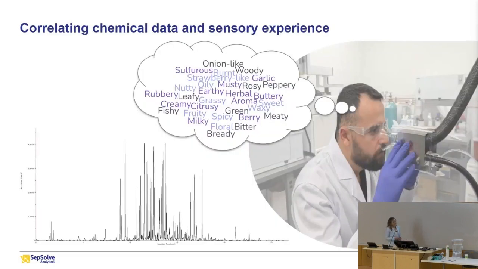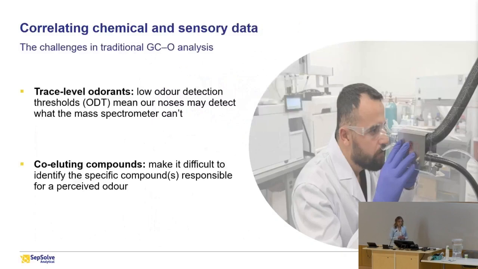Going from that, the question is how are we going to correlate this chemical data with a sensory experience? When we talk about traditional GCO, there are a couple of challenges. One is the low odor detector limit. Our noses are the best detector that there is.